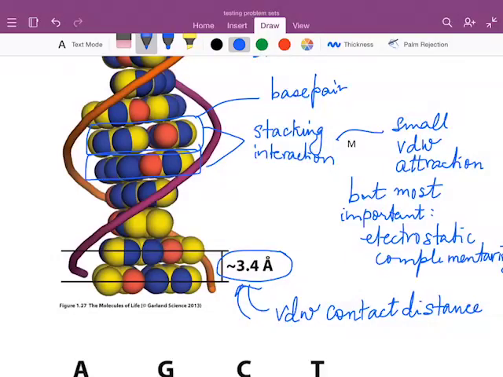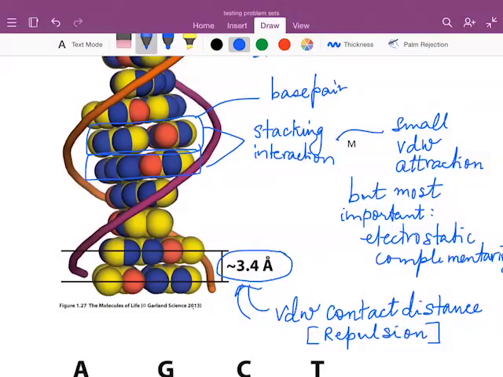So this fundamental spacing between base pairs of 3.4 angstroms along the vertical direction comes from the van der Waals repulsion. The most important aspect of van der Waals energy in the interaction between bases is determining the distance between bases. The attractive component is there, but is not so strong.